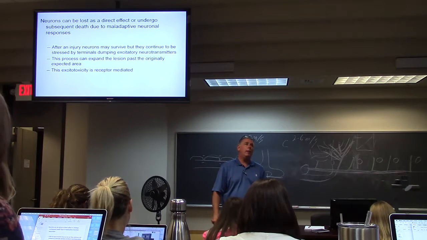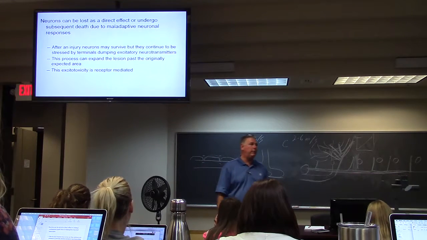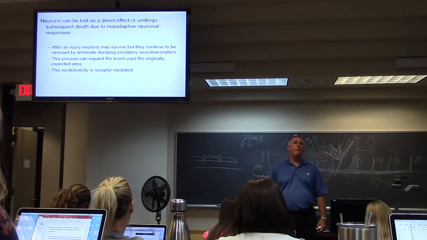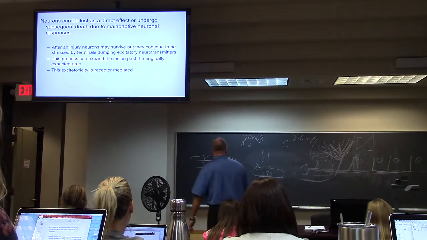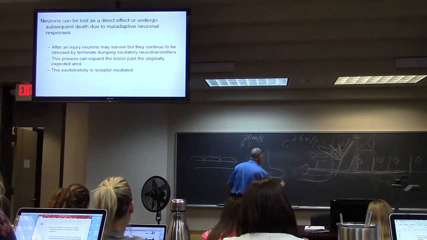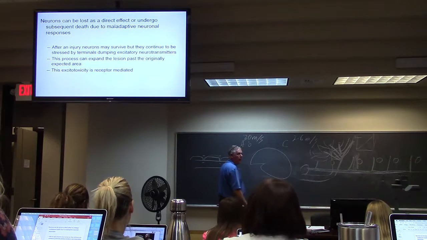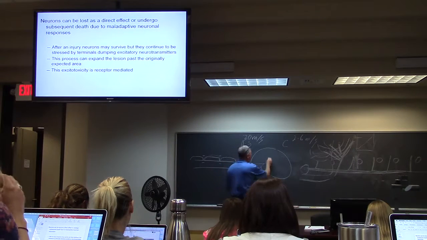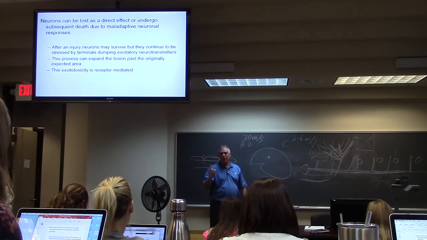All right, so what happens when you get an injury to the nervous system? We'll go over several different types of injury and what the response is. One thing is that when you look at the blood supply of the central nervous system, if this is the brain right here, for example, and I have a stroke, a blood clot, right here, this area is fed by one artery.